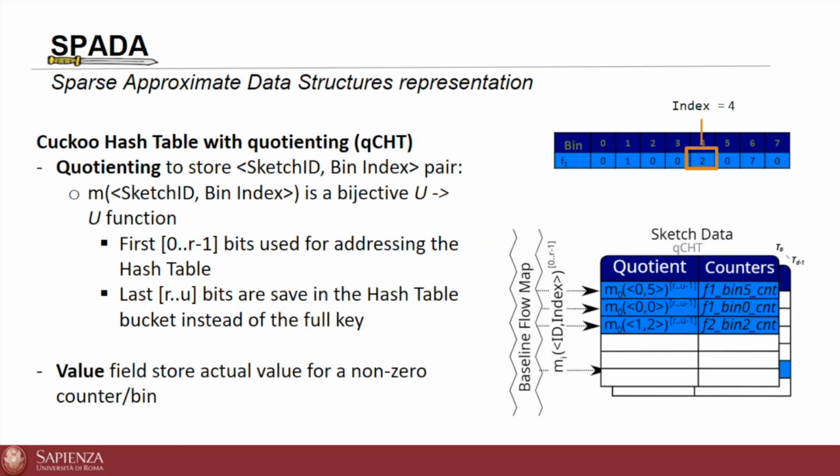The first bits of this output hash are used as an index into the tables to point to a specific row of the table, and we use the remaining bits as the fingerprint that is stored in the table. In this way, we save some space with respect to key storage. The value stored in this table is just the value of a non-zero counter.